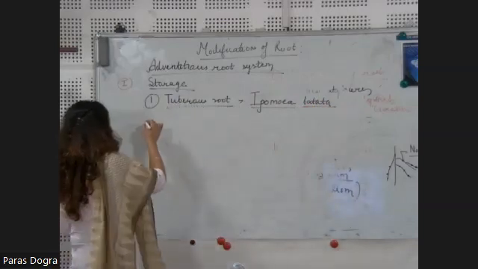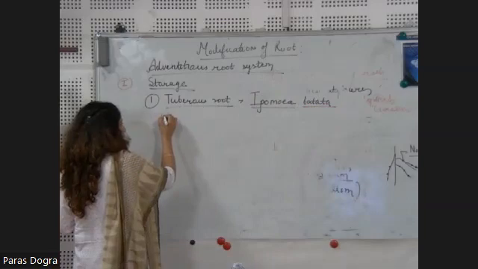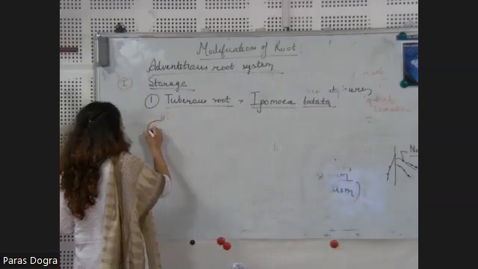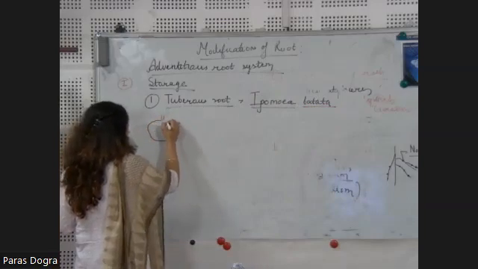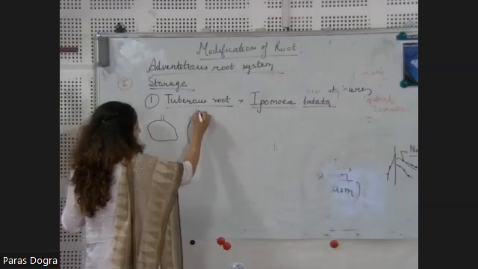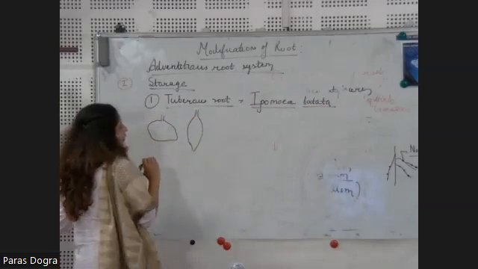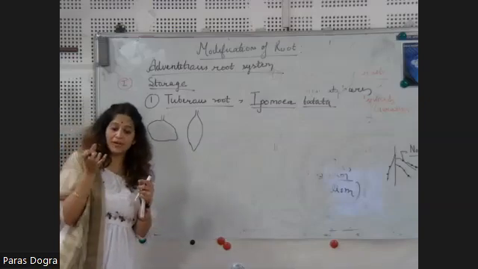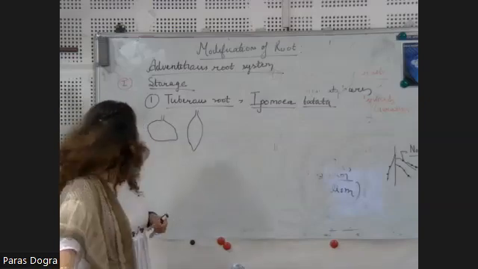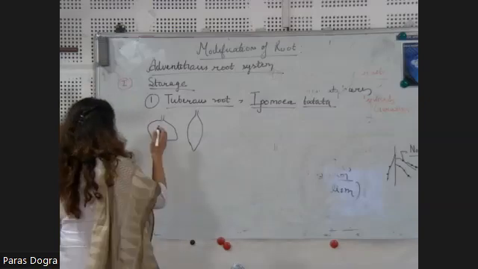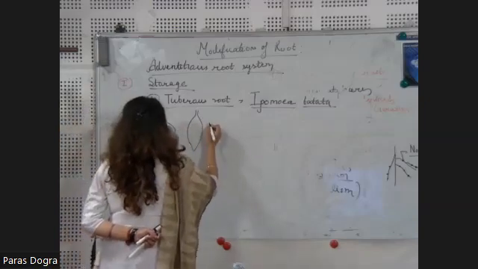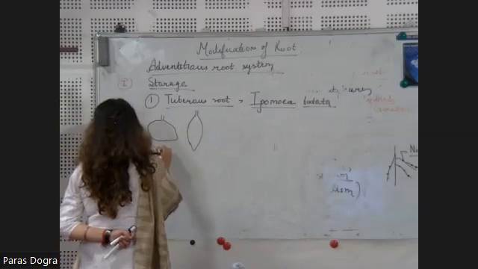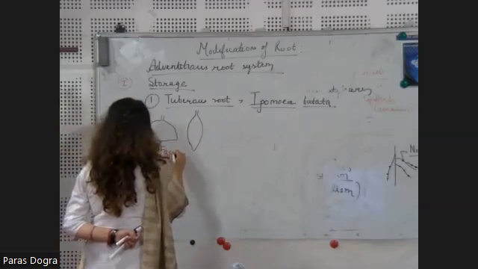Here, the root again can assume any shape. It can be like this, it can be like this. But the thing is that the root is storing food, and it is also solitary. Okay, so this is tuberous root. Okay, then next is your fasciculated root.